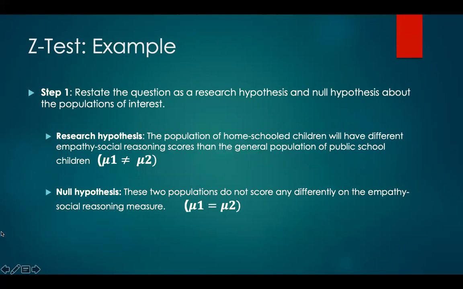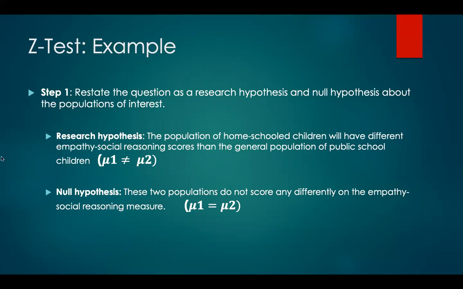So step 1 is to restate the question as a research hypothesis and null hypothesis about the populations of interest. In this case, the research hypothesis would be that the population of homeschooled children will have a different empathy social reasoning score than the general population of public school children.